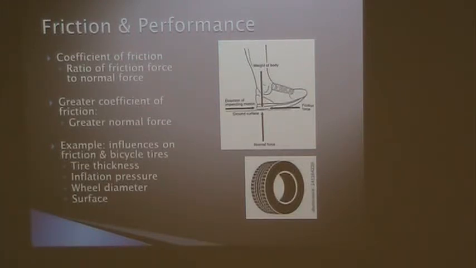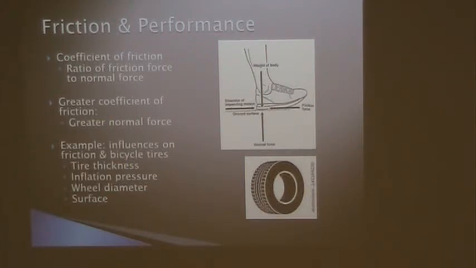Which tire is going to have more friction? The smaller one? Yes. Why? Okay, so your bigger tire, the bigger the diameter of a tire, the more contact area, again, everything has to do with contact with the ground. The more contact you're going to have with the ground, the more friction. So that is wheel diameter.